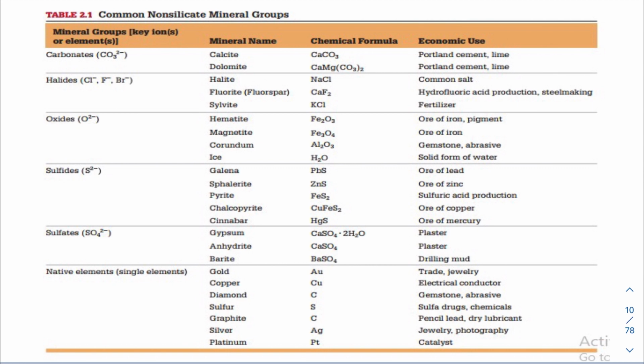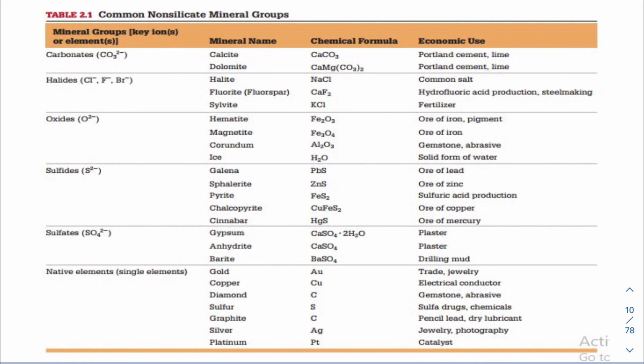These are the raw ingredients we use there. That is why even in Iligan we see the lime at Holcim. So this is used for construction.